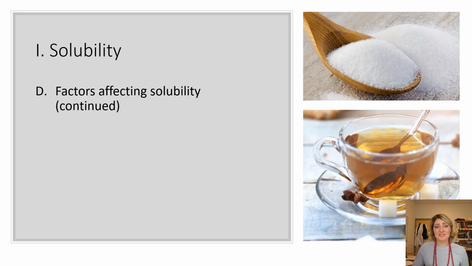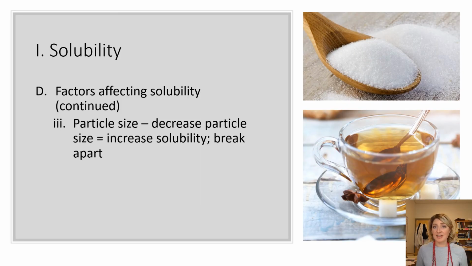Our last 2 factors affecting solubility are particle size and also agitation. So in particle size, if you were to decrease the size of your particle, that's going to increase solubility when you break those apart. So I like to use, again, our tea example when we're talking about sugar. A sugar cube versus just table sugar, where it's a lot smaller particle size.